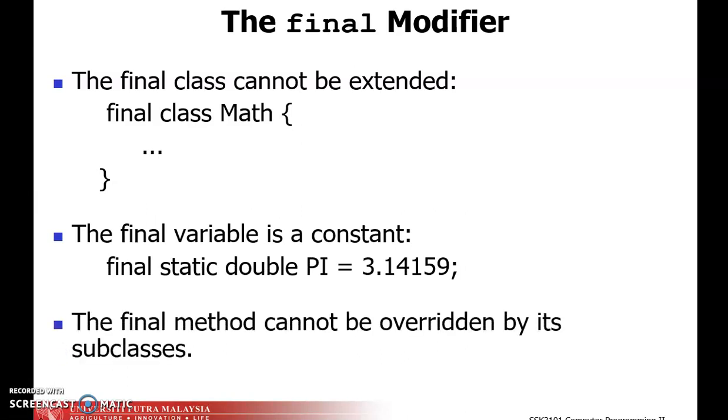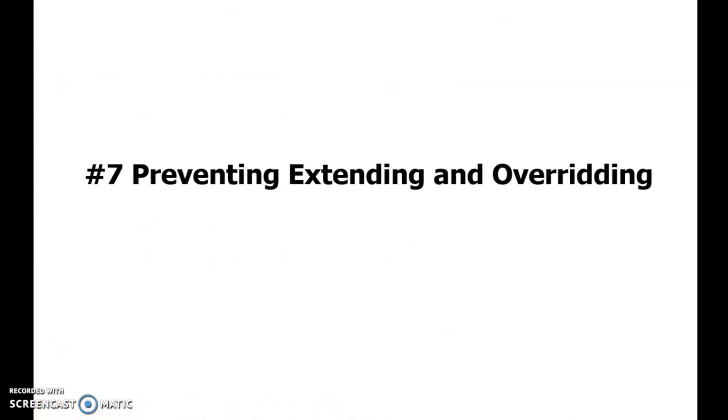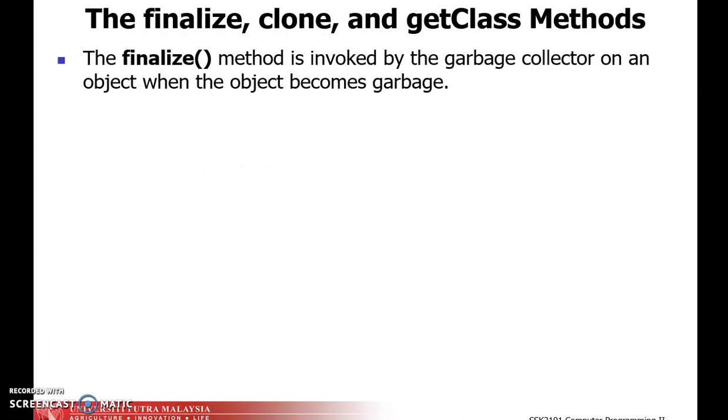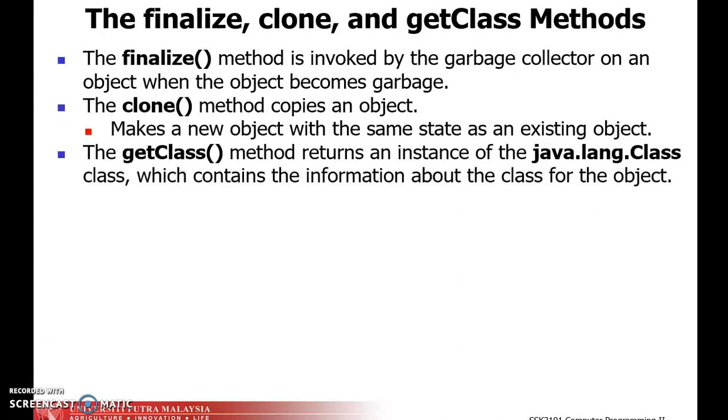Right, and now we move into the final section of the chapter, which is an approach to preventing extending and overriding in a specific program with inheritance association. In general, there are three specific methods for you to learn in this section, namely the finalize method, clone method, and getClass method.